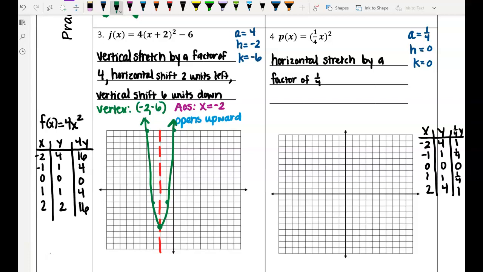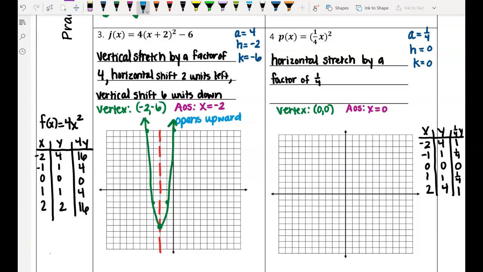So my vertex did not change. My vertex here is still at 0, 0. I did not do any horizontal or vertical shifts, which means my axis of symmetry is still at x equals 0.